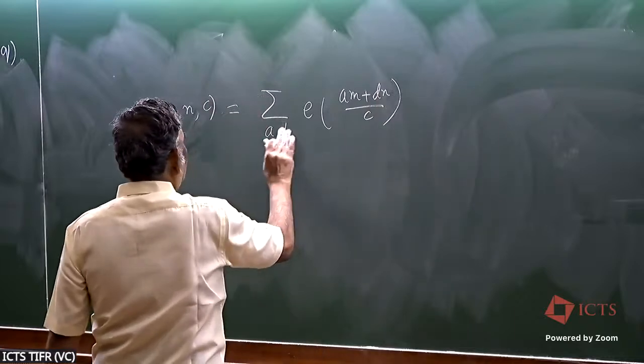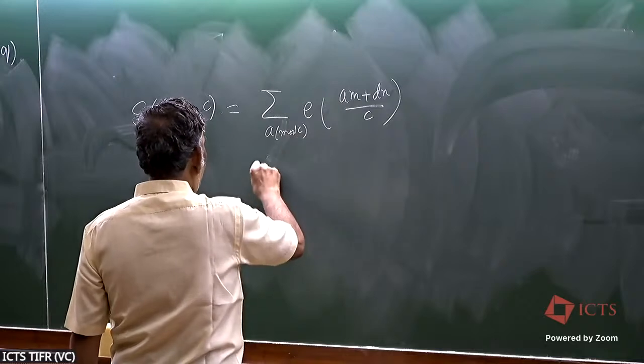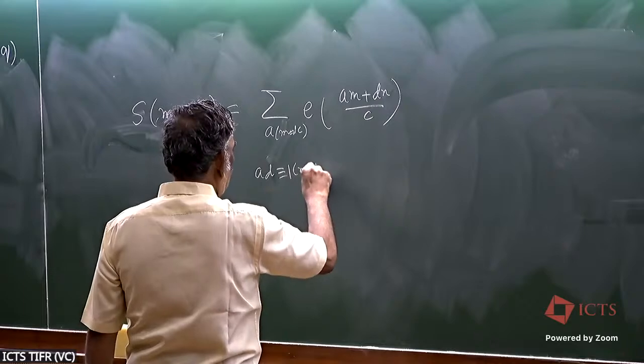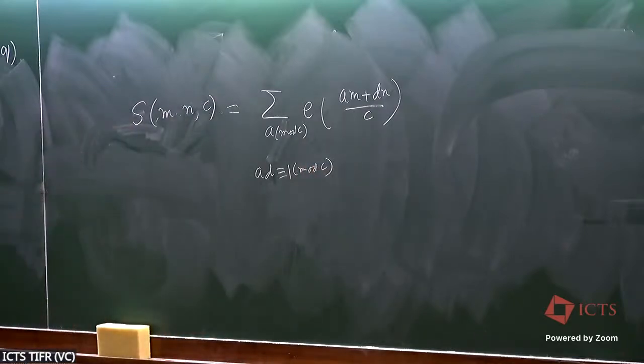And a is also mod c, and d, of course, I won't say mod c because essentially I also need ad congruent to 1. Okay. Therefore, the coefficient of m runs over the residue classes modulo c, and corresponding to the residue classes, the coefficient of n is the inverse of that. Okay. Therefore, this Kloosterman sum is something important.